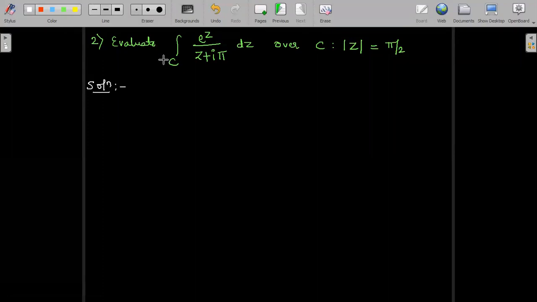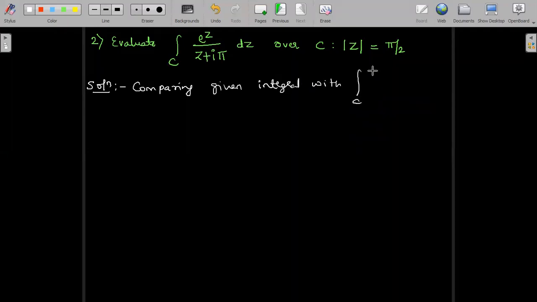Very firstly, z plus iπ is compared with z minus a, and we can write down the point a from this. We can compare this integral with the form f(z) by z minus a. So comparing the given integral with the integral over C of f(z) divided by z minus a dz, this is the standard form of Cauchy's integral formula.